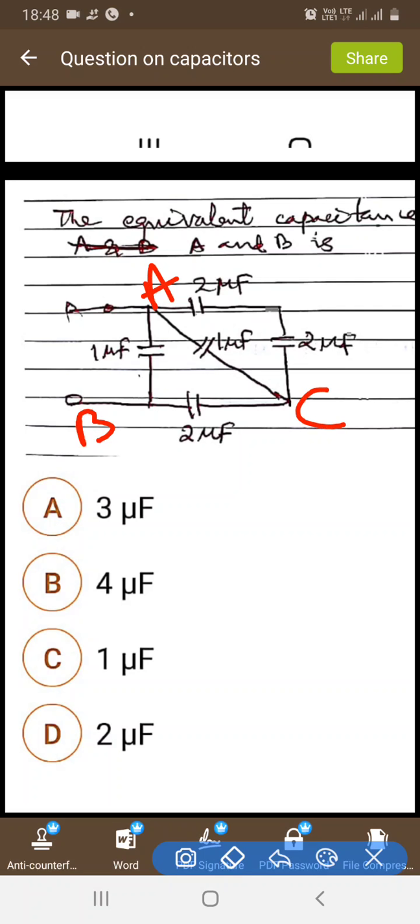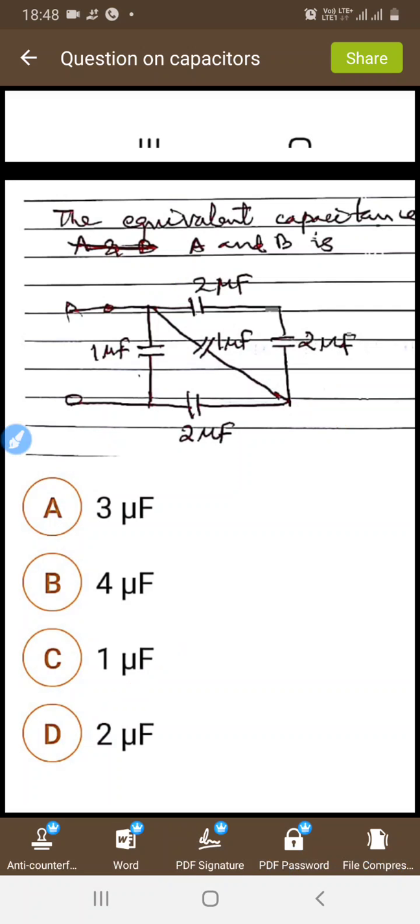A and C, 2 and 2 in series, so 1 microfarad, 1 and 1 in parallel, then 2 microfarad, again 2 and 2 in series, then 1 microfarad, and again 1 and 1 in parallel, 2 microfarad. So answer will be D, 2 microfarad.